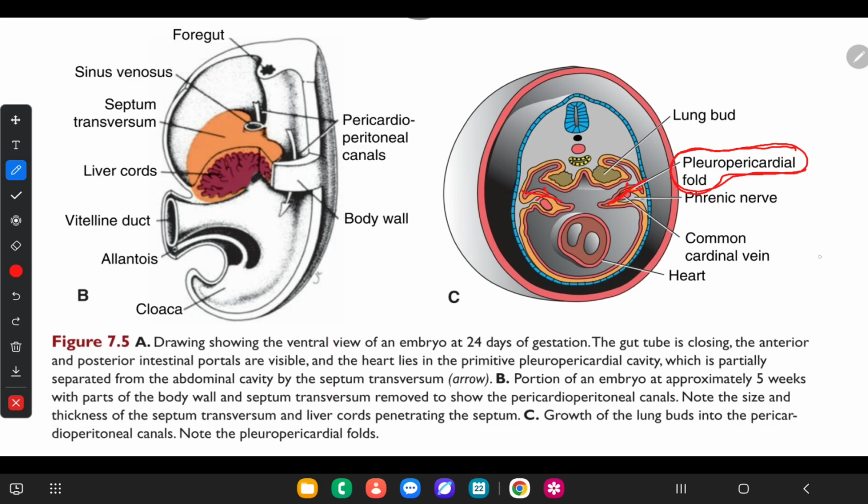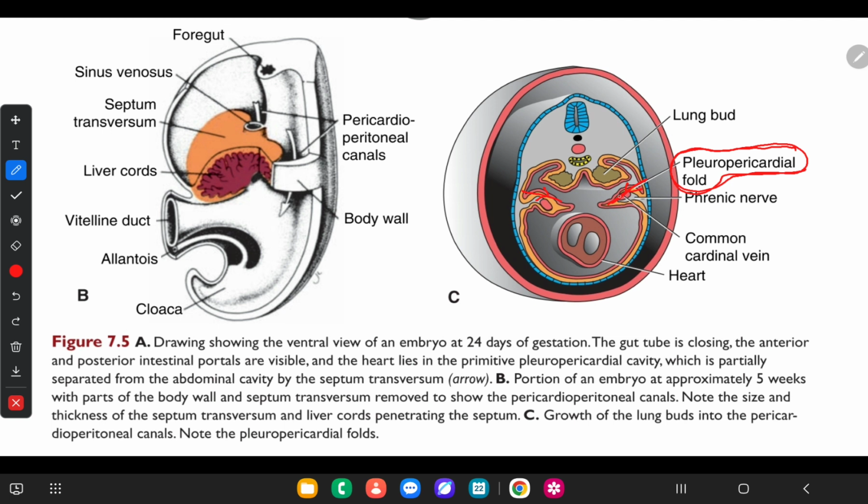First, these folds are very small ridges projecting into the primitive undivided thoracic cavity, but with the expansion of lungs, the mesoderm of the body wall splits into two components: the definitive wall of the thorax and the pleuropericardial membrane, which are the extensions of the pleuropericardial folds that contain common cardinal veins and the phrenic nerve. This pleuropericardial fold contains common cardinal veins and the phrenic nerve.